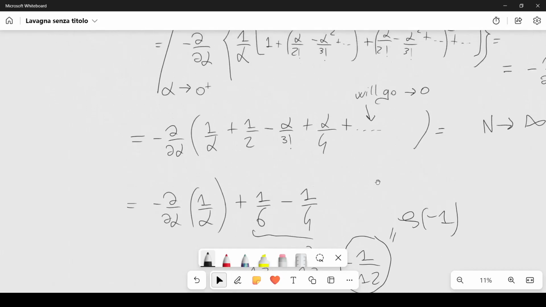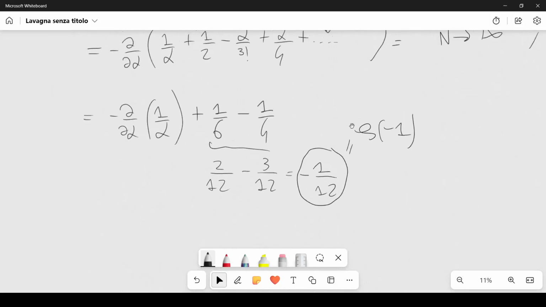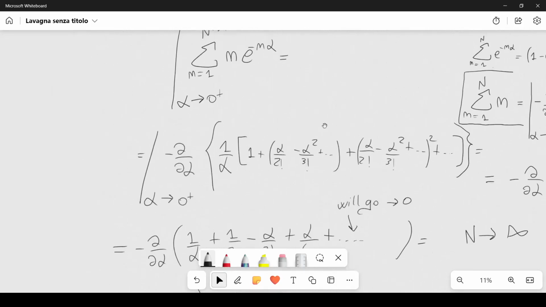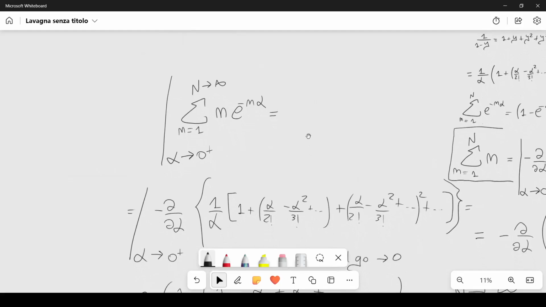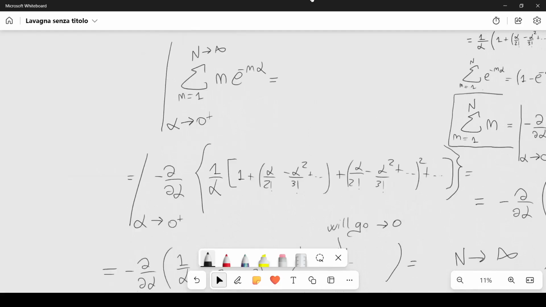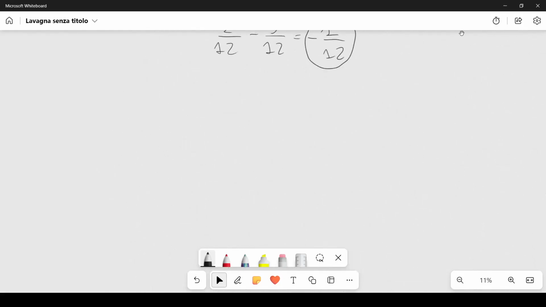And this is actually very general, because if you do very similar considerations to what we have done so far, you can also write a more generic formula like this. So you have a summation over n from 1 to capital N, which goes to infinity. Remember that you have to let alpha go to 0 plus. Here you have n to the power k, and then you have e to the minus n alpha.